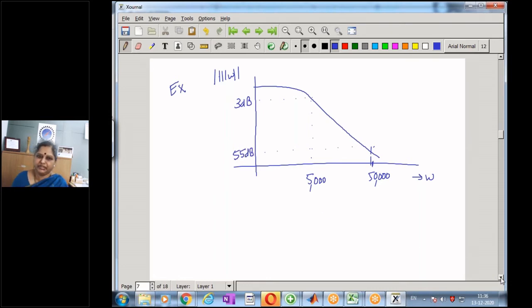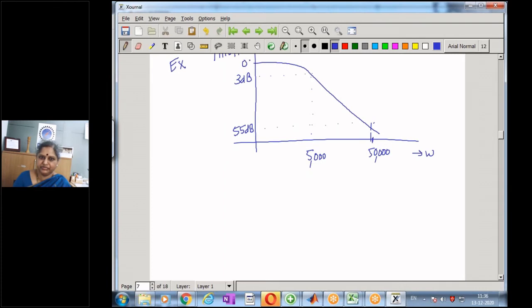This first frequency is 5,000, and this is 50,000. Of course, this is my zero frequency, that is 0 dB. In magnitude it's going to be 1, but in dB it's a 0. So 3 dB down is what we have.